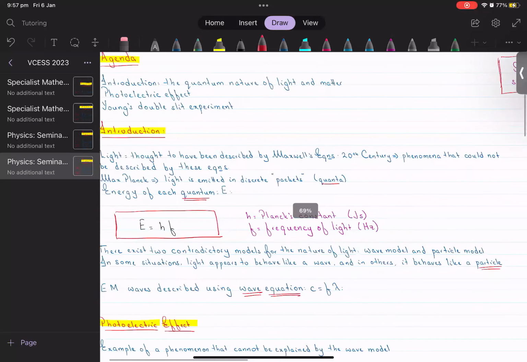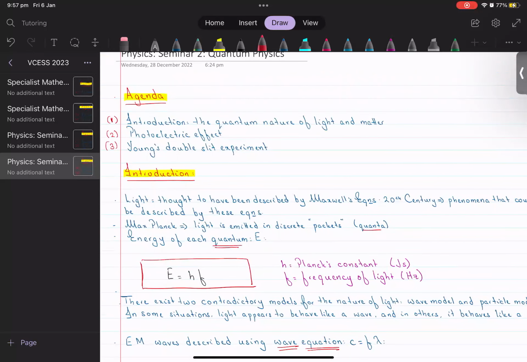So the agenda for today is a brief introduction related to the quantum nature of light and matter. The second and third things I wanted to discuss are pieces of evidence that support each of the two models of light.